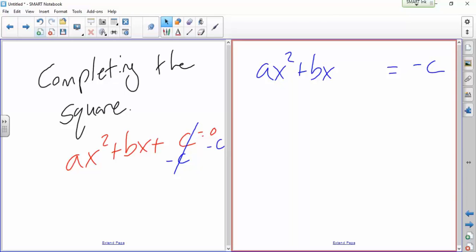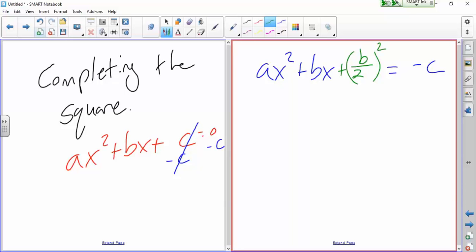The new c will be created by adding on b over 2 squared. But if I add it on this side, what do I have to do? Add on the other side as well, b over 2 squared.